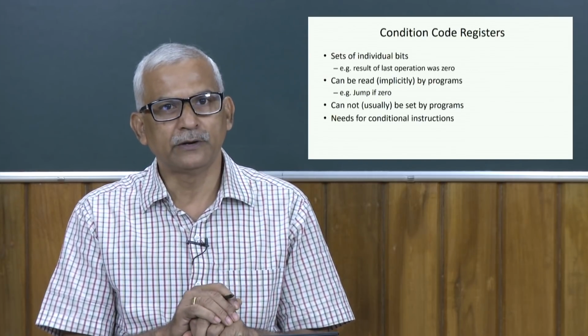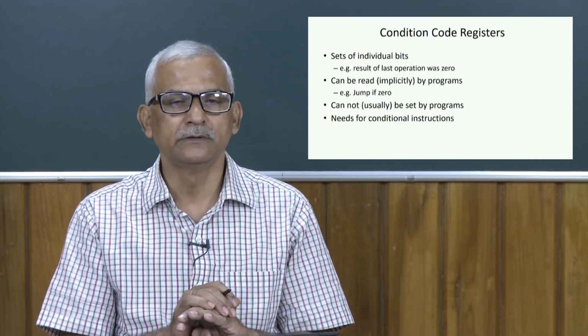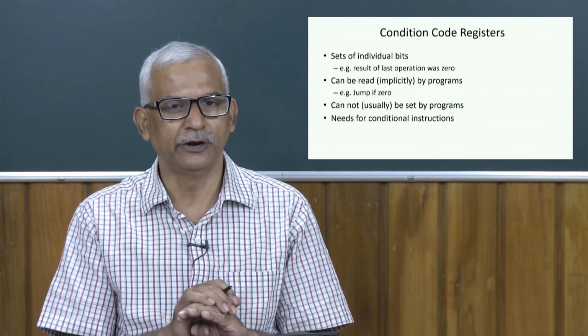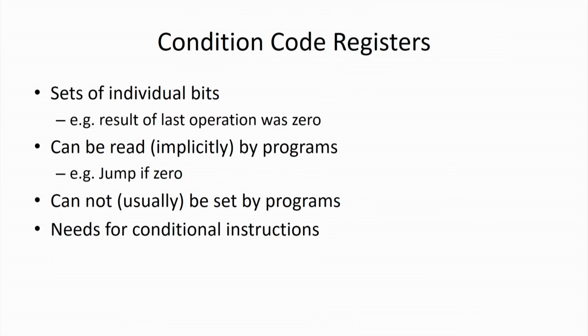There is another register called the condition code register. This is a register, but here we work with individual bits. Say we are working with an 8-bit processor, then the size of the registers is 8 bits.